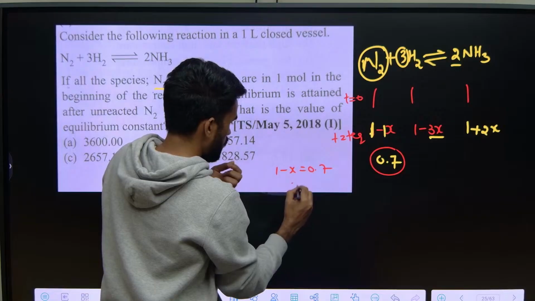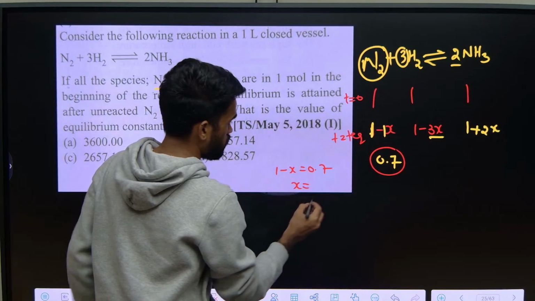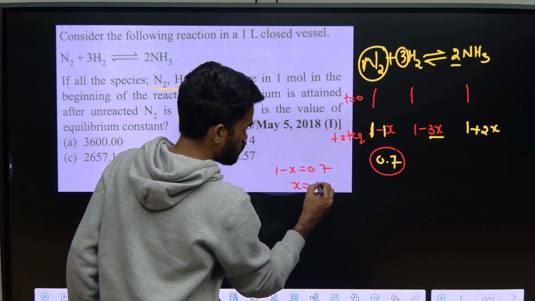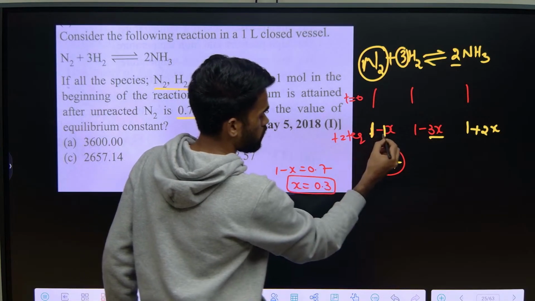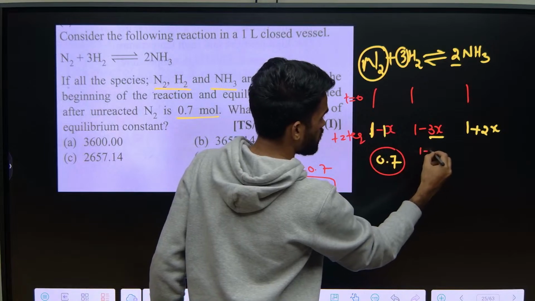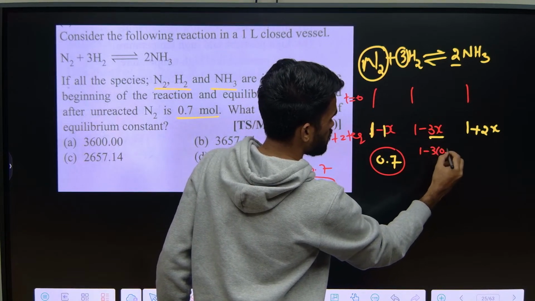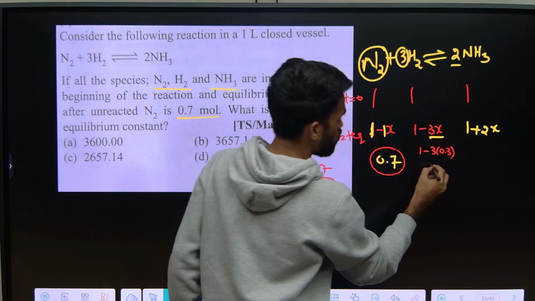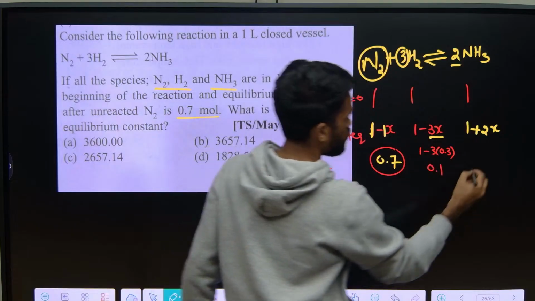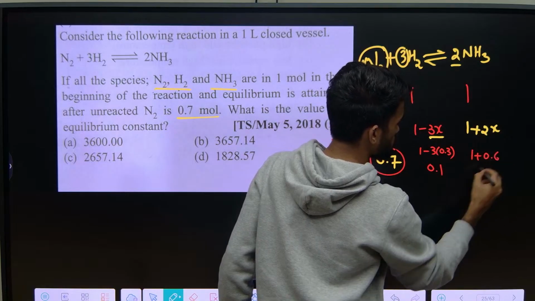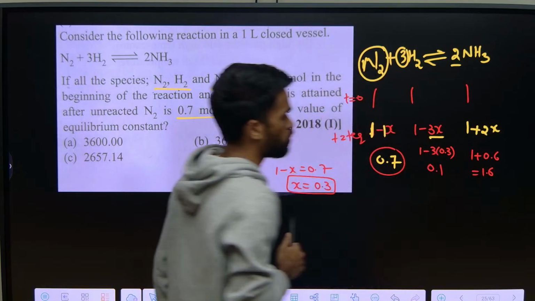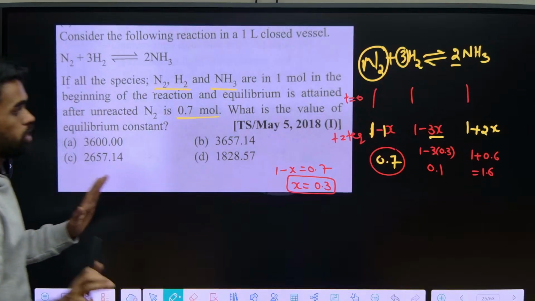Then x, how much amount is consumed? 1 minus 0.7, that is 0.3. So here it is 0.7, this is 1 minus 3 into 0.3, that is 0.9, you get 0.1, and this will be 1 plus 2 into 0.3, 0.6, so 1.6 is the amount of product formed. Up to here it is clear, right?